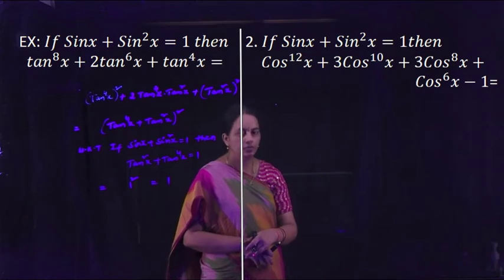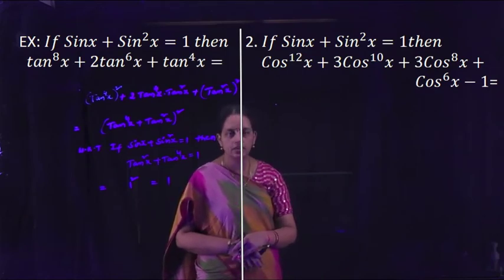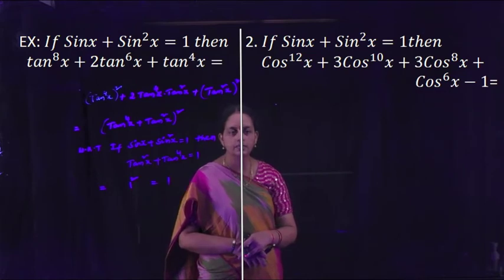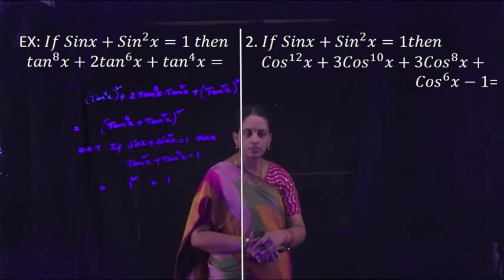What is the value of cos power 12x plus 3 cos power 10x plus 3 cos power 8x plus cos power 6x minus 1?